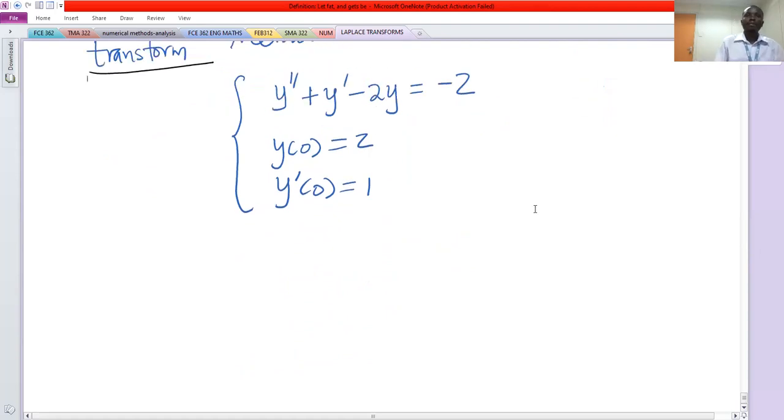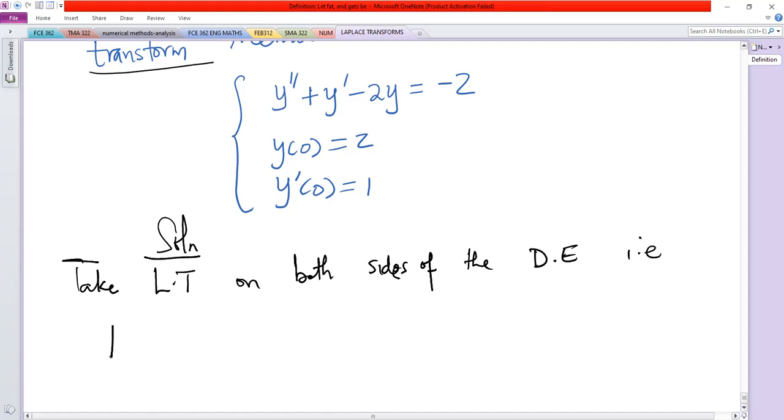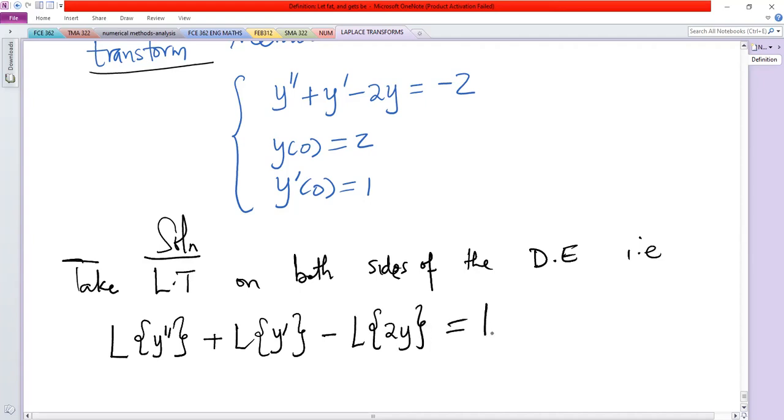So we'll say first, take the Laplace transform on both sides of the differential equation, i.e., we'll have Laplace transform of y double prime plus Laplace transform of y prime minus Laplace transform of 2y equals the Laplace transform of minus 2. So that is step one.